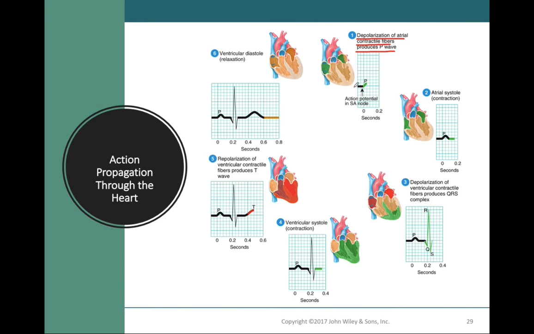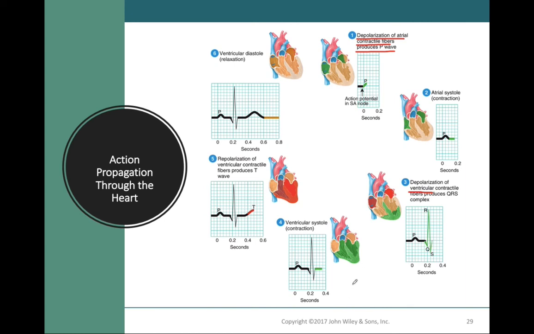As we start to propagate this action potential, that's going to change the membrane potential and the voltage that's passing through the heart. You can see here in number 2, we've produced an entire P wave after the atria have contracted. Now here in number 3, we see the ventricular chambers are going to get depolarized, and that is showing us the QRS complex. Don't forget that the atrial repolarization is occurring at about the same time.